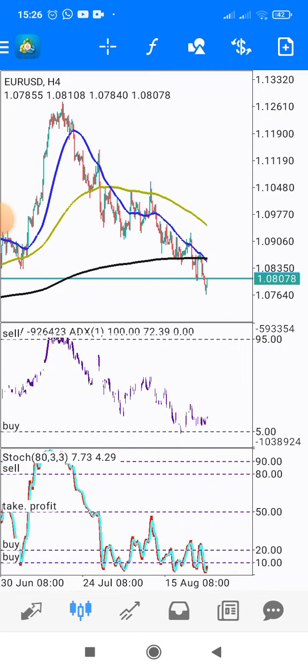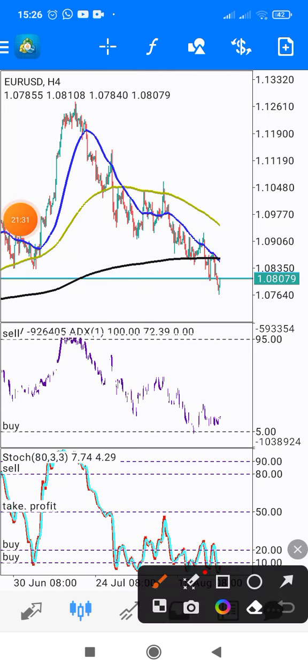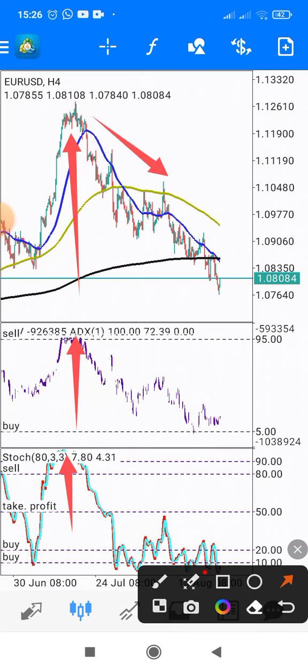Now see, this change of direction. This is another scenario, a mistake that one may make. This was the highest point for entry, and now already we knew there was a change in direction because already we had these two crosses.